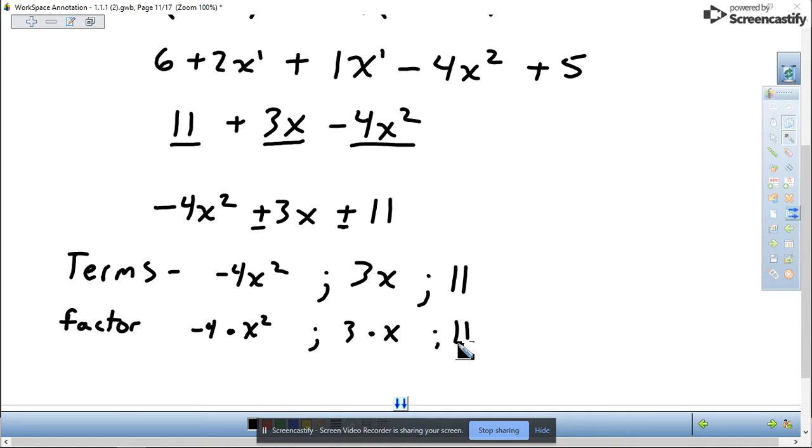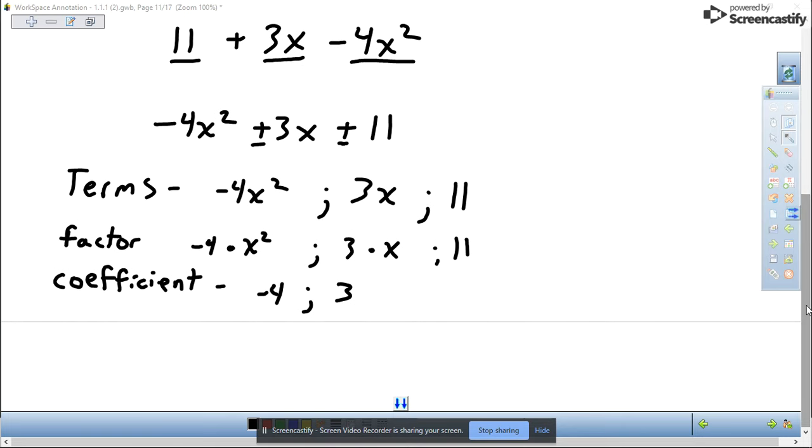So next we have coefficients. Coefficients are the numbers that are out front. So for the first term, the -4 is the coefficient. For the second term, the 3 is the coefficient. And for the last term, you don't call it a coefficient unless there's a variable in that term.